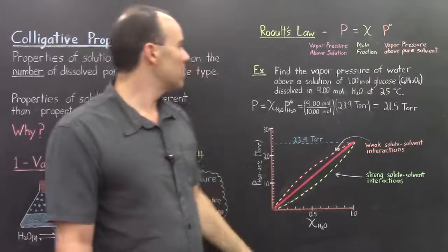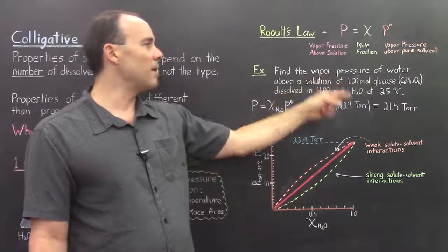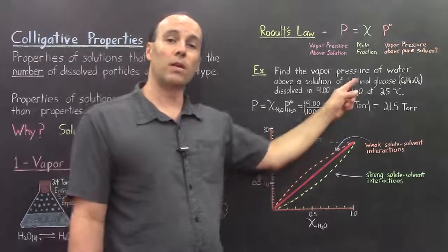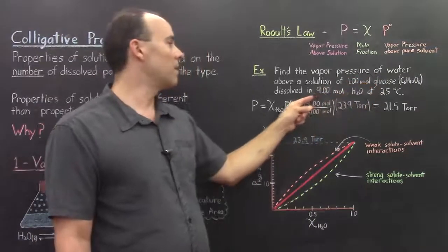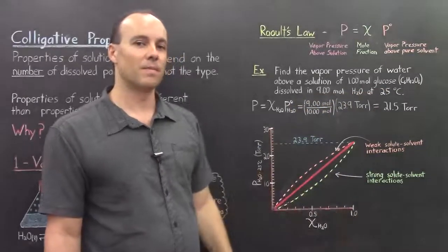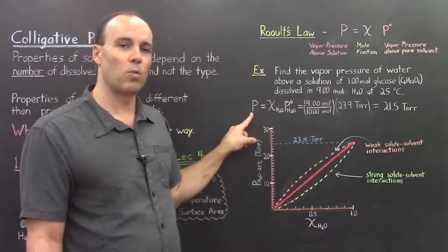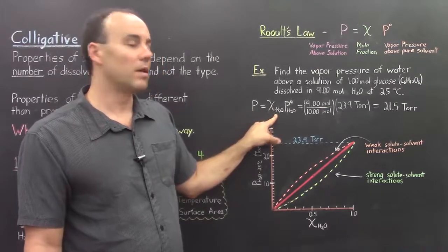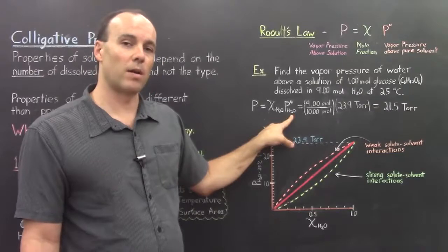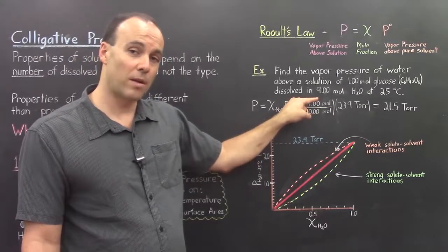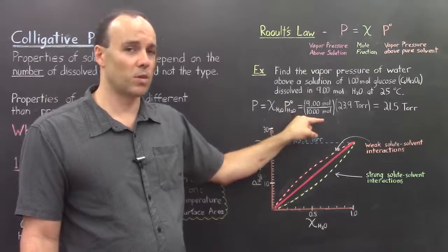So for instance, suppose you wanted to find the vapor pressure of water above a solution of 1 mole glucose dissolved in 9 moles water at 25 degrees Celsius. The vapor pressure of water above the solution would be the mole fraction of water times the pure vapor pressure of water. And the mole fraction of water is 9 moles of water divided by the total moles, which is 10.